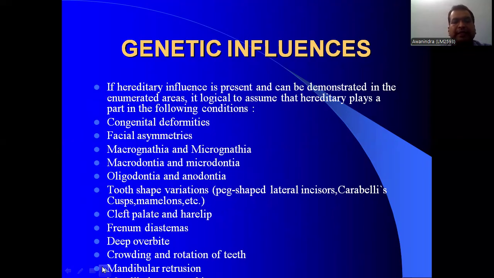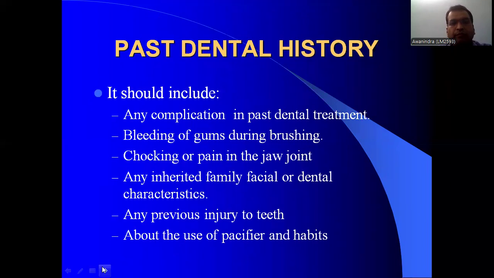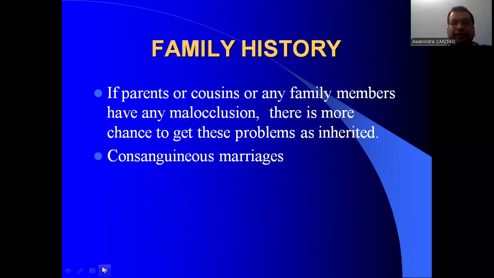We know the genetic influences on congenital deformities, facial asymmetry, macrodontia, oligodontia, tooth shape, cleft lip and palate, frenal dystonia, deep overbite, crowding. Past dental history should be noted. Family history should be noted.